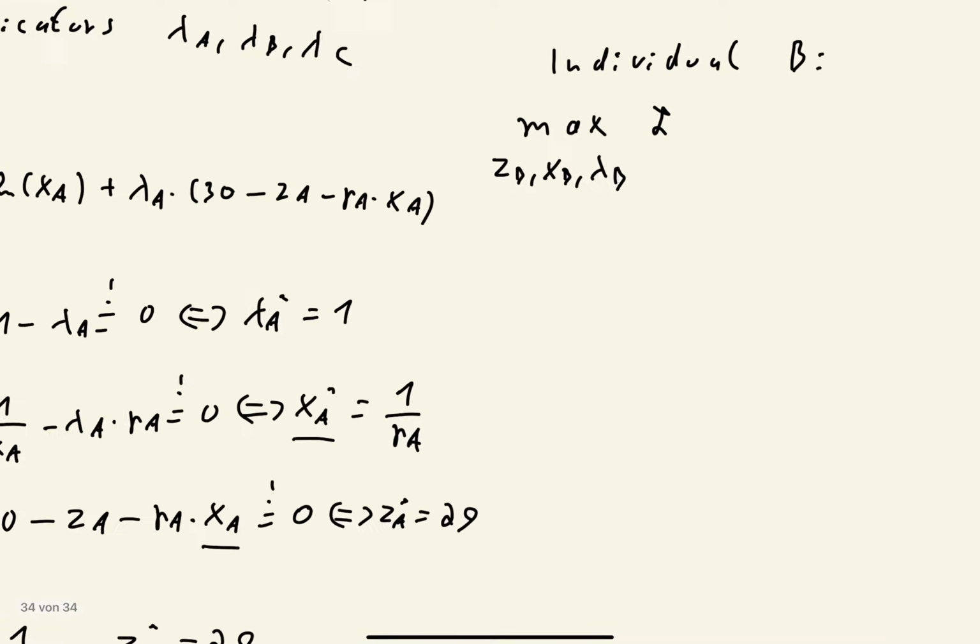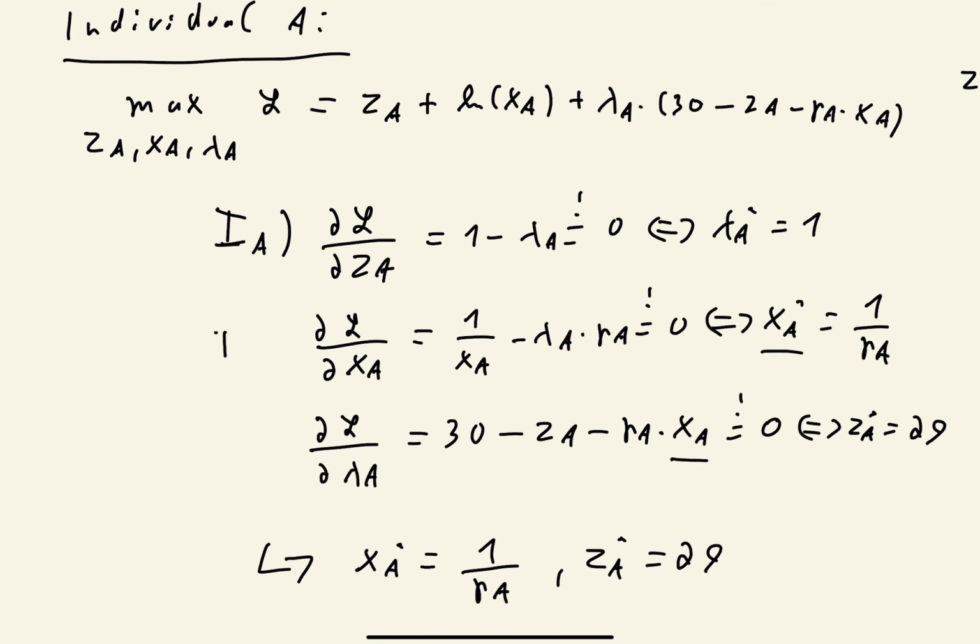So let us come to individual B. Individual B has the following optimization problem. He's maximizing over ZB, XB, and lambda B. I forgot to enumerate the first order conditions here. Sorry, confusing everything. This should be A, of course.